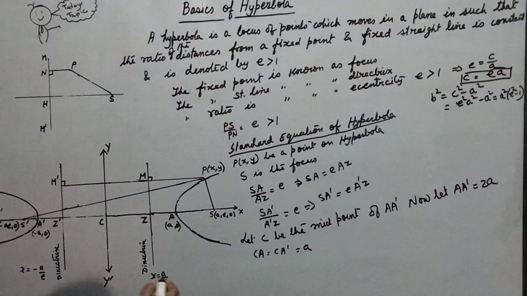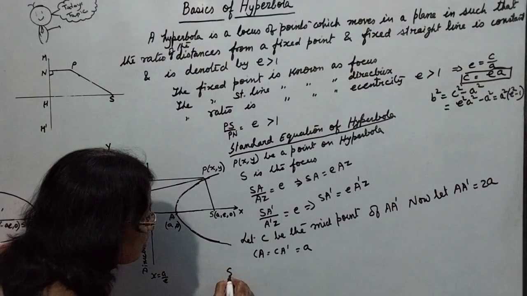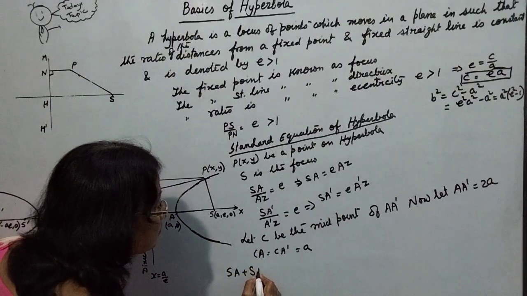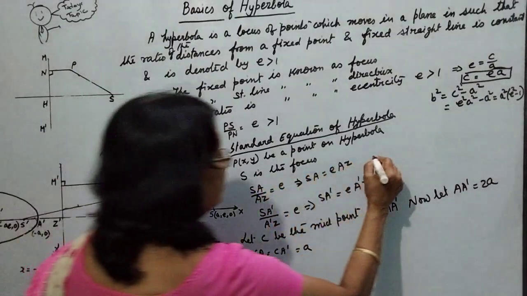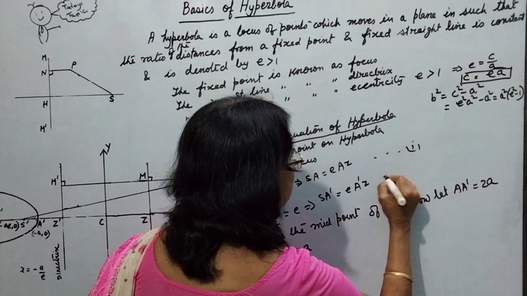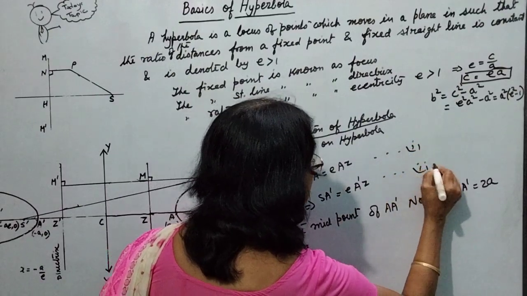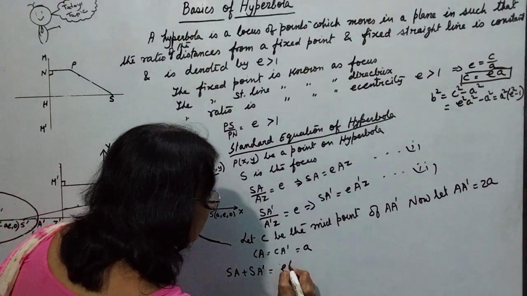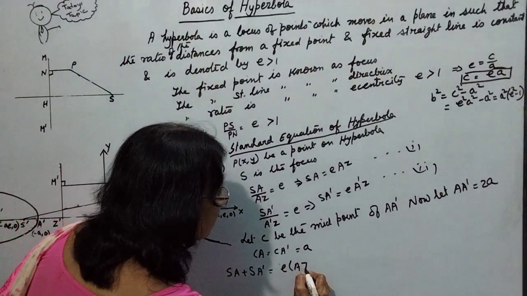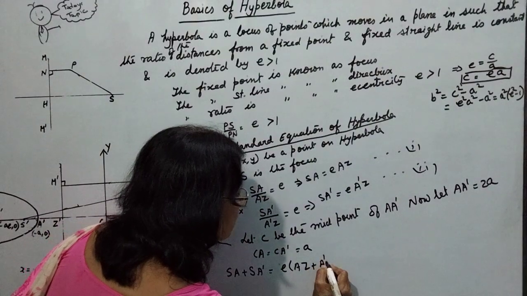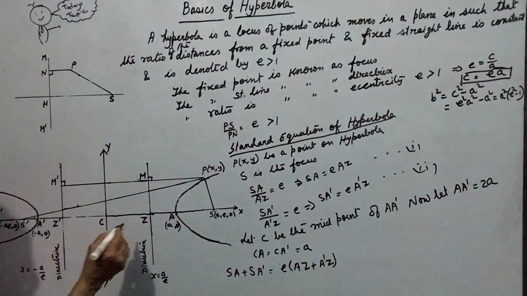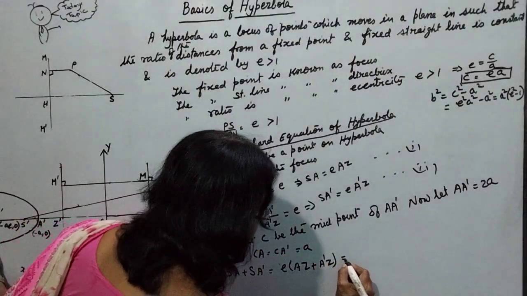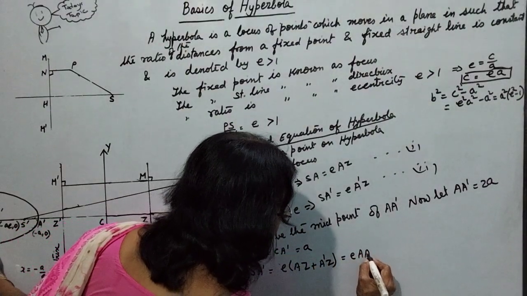Now we take SA plus SA dash. I am just adding, this is equation 1, this is 2, add 1 and 2. So what are we getting? AZ plus A dash Z, that is E into A dash.